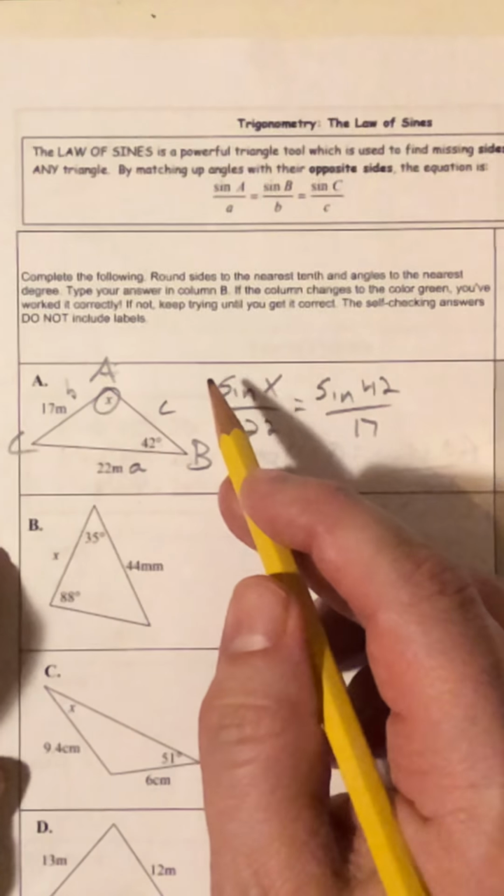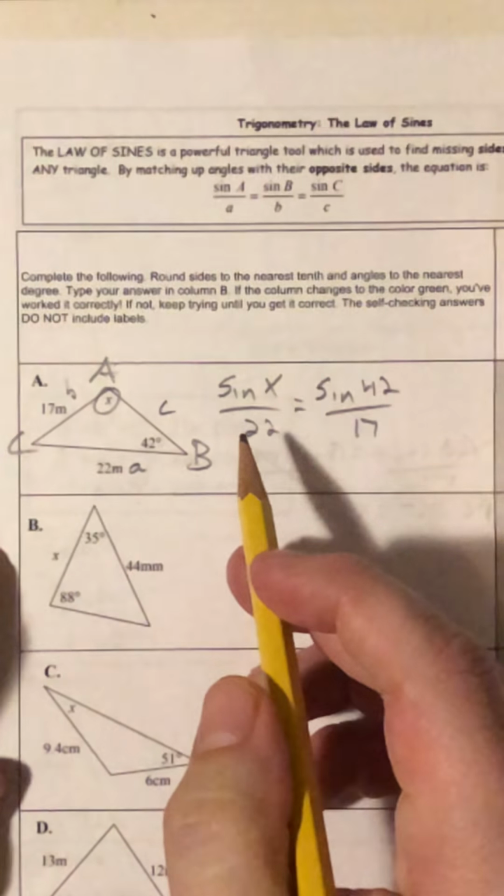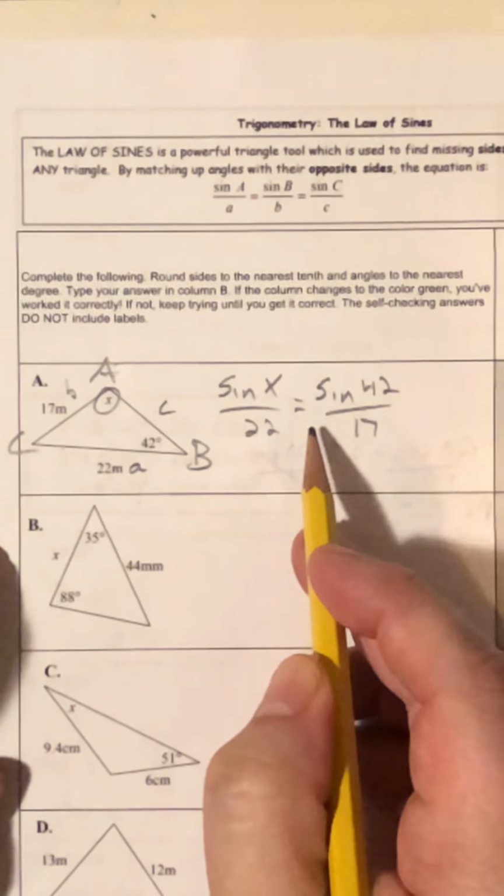Sine of x over 22 is equal to sine of 42 over 17. So we're going to cross multiply here, and we're going to say sine of x times 17 equals sine of 42 times 22, okay?